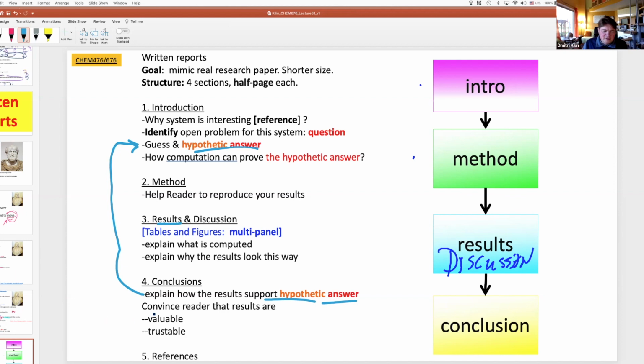And then also in the conclusions you can put things that may belong to discussion, convince the reader that your results are valuable mostly as an impact for technology, and trustworthy, which means give some arguments why you believe the methodology you have chosen is applicable. And if there are references, they can be placed at the end.